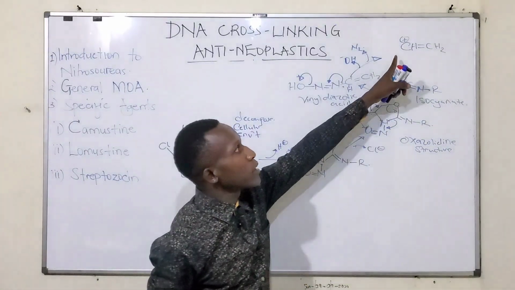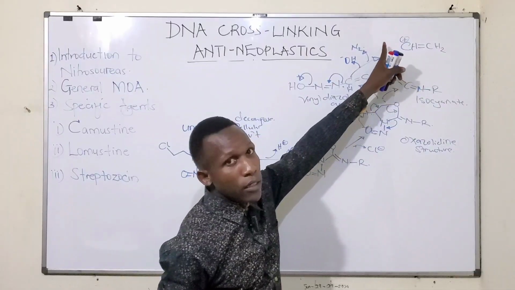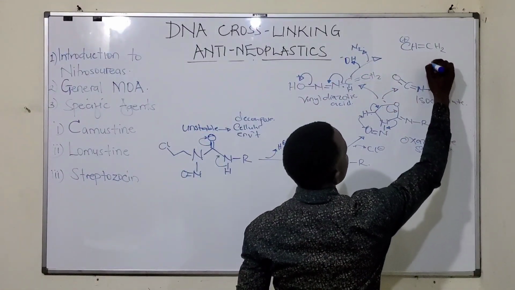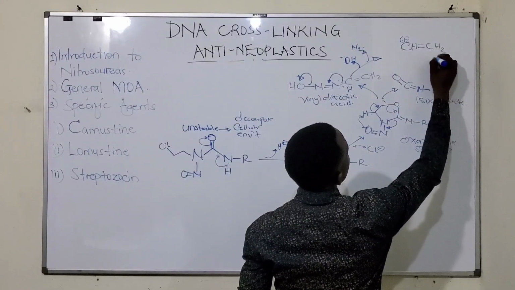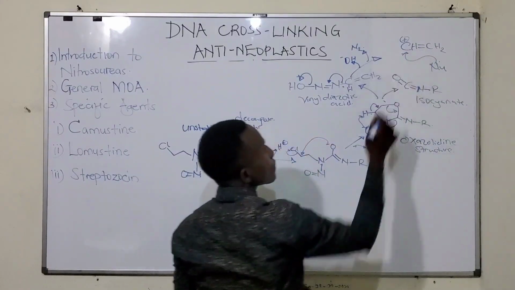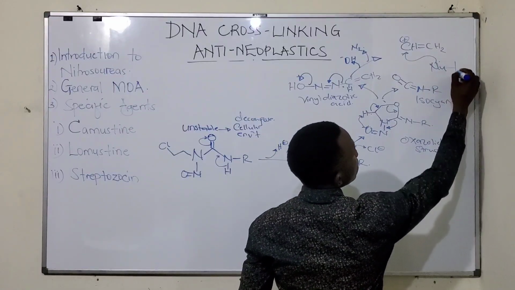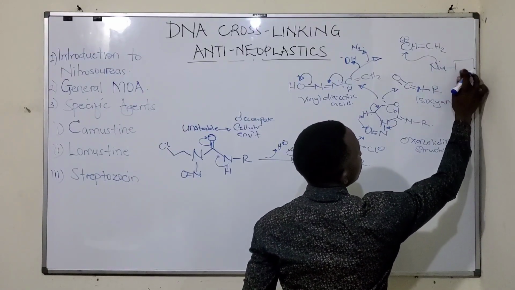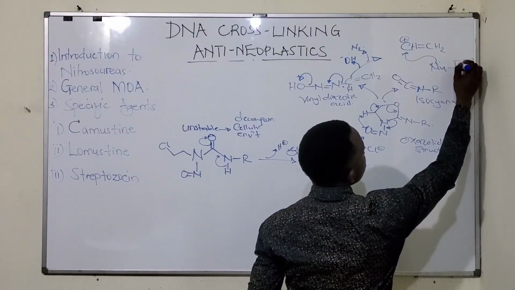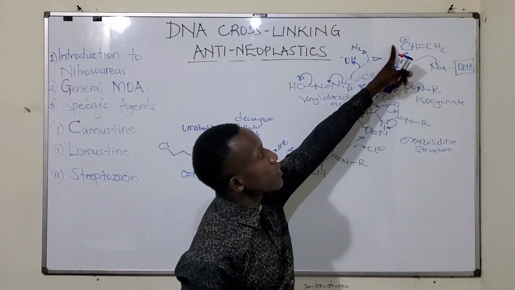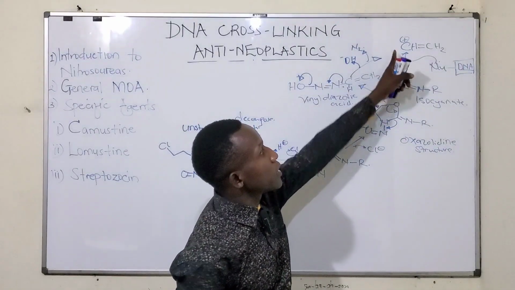This carbocation can alkylate the DNA. When the N7 of the guanine, which is the nucleophile now, comes, it will attack this carbocation. Hence this nucleophile is attached to the DNA. Here we have the DNA. Meaning that this one can alkylate the DNA.